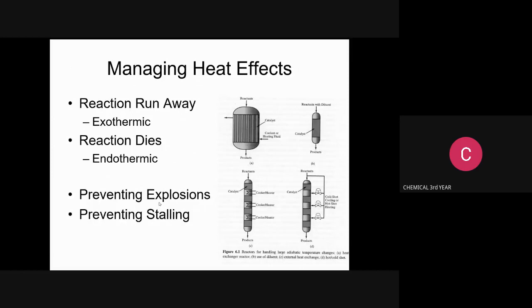The first point of maximizing the heat effect is reaction runaway, reaction dying, preventing explosions and preventing stalling. You guys are very familiar with endothermic and exothermic reactions.